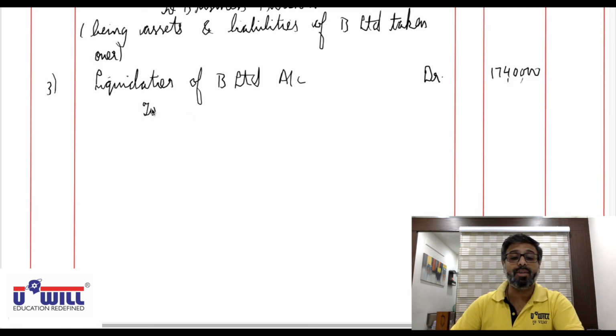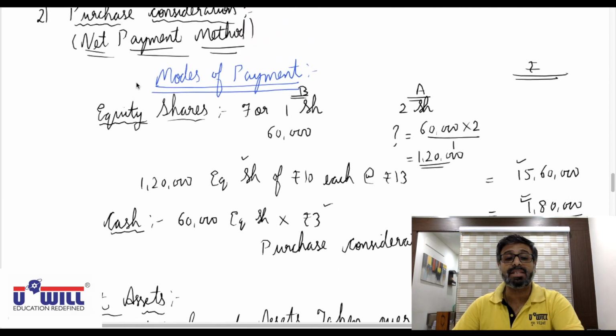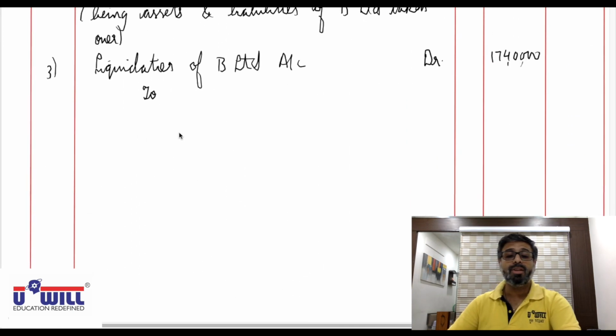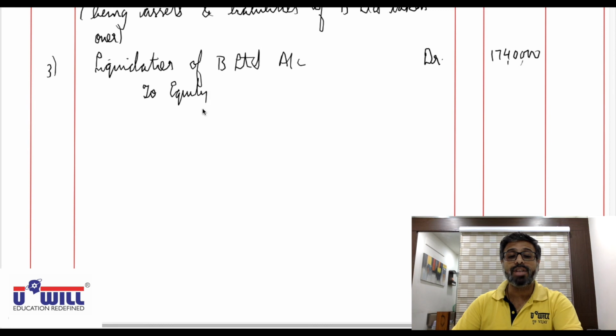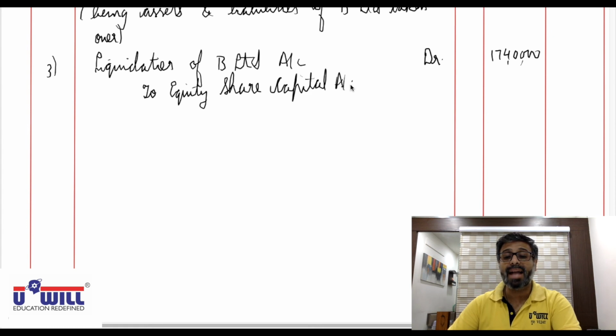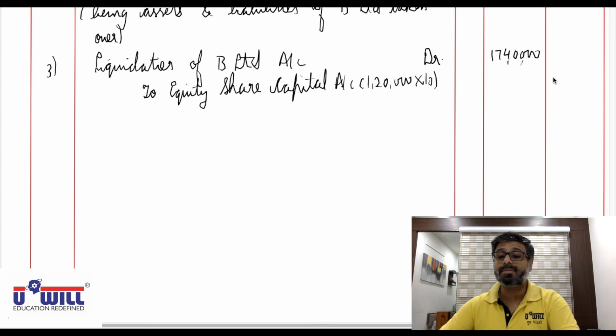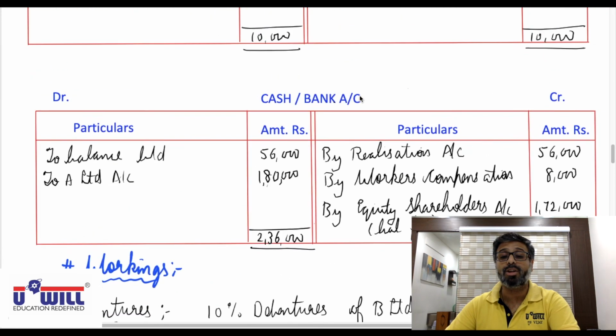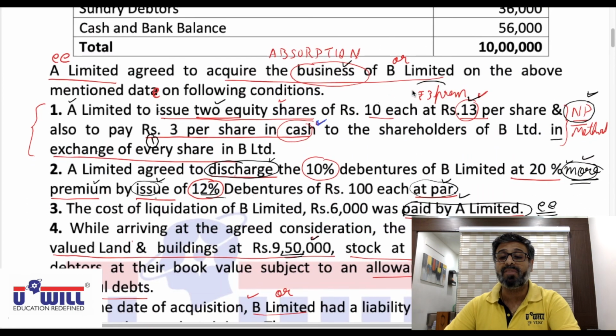Now what are we giving to them? Equity shares. See the purchase consideration. Equity share capital 1,20,000 shares, but share capital is multiplied with 10 rupees only. So to equity share capital account with only face value, that is 1,20,000 into 10 rupees, 12 lakhs. Then the remaining 3 rupees of premium will go to securities premium account. We discussed in the beginning that 3 rupees of premium is there.